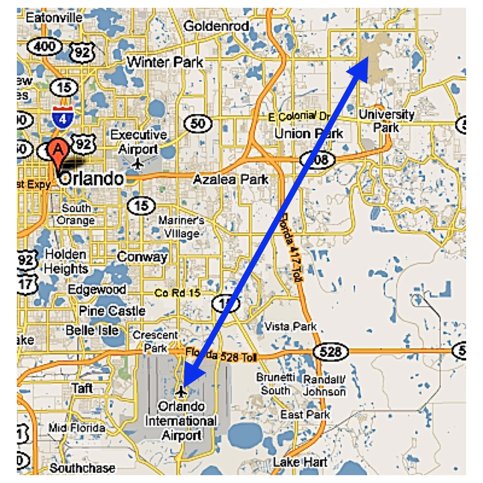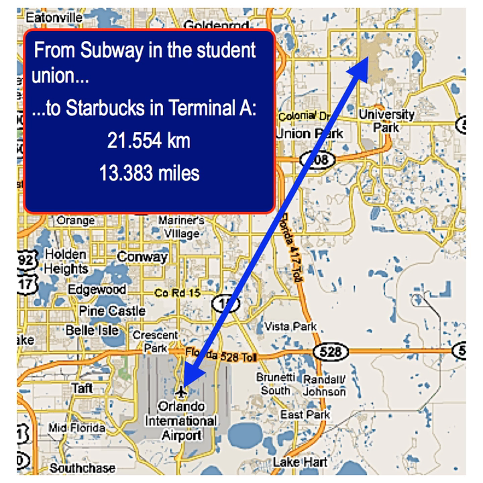If you go as the crow flies and compute carefully, for instance, using Google Maps or something like that, you'll know that from Subway in the Student Union to Starbucks in Terminal A, that's fairly close to 24 kilometers. It's 21.554 kilometers, 13.383 miles.